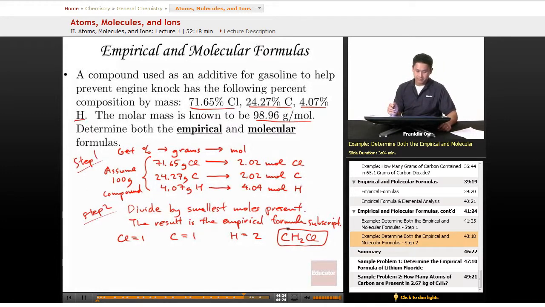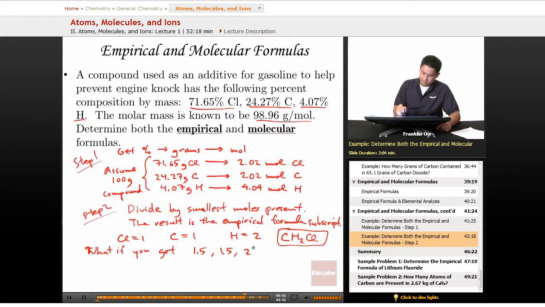Now, what happens if you don't get a perfect whole number? What if you get 1.5, 1.5, 2? Well, Dalton's law of multiple proportions tells us that we cannot combine elements in other than a small whole number ratio.